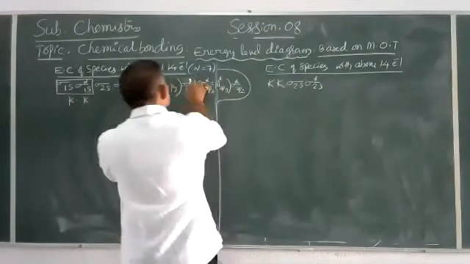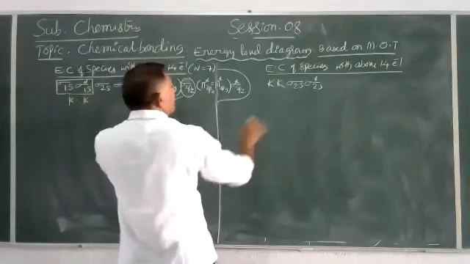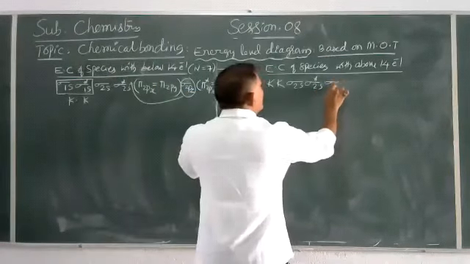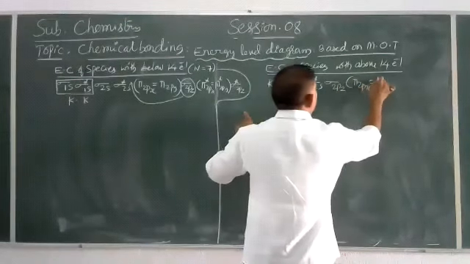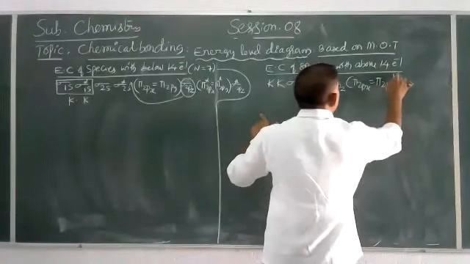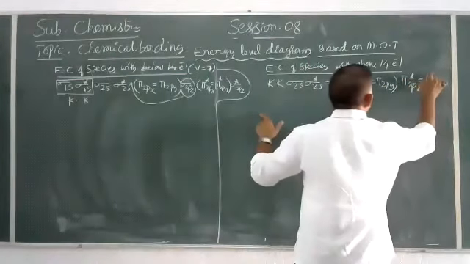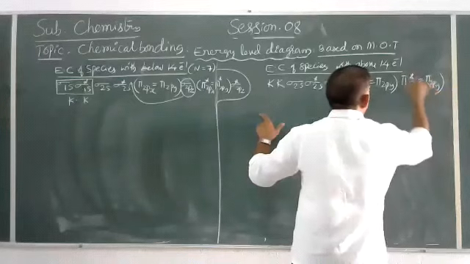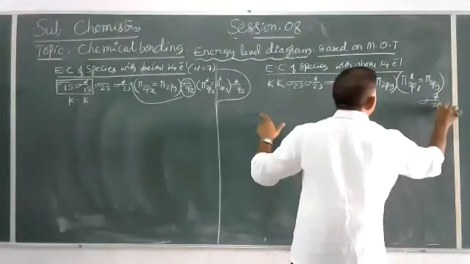The difference here is the 2pz orbital, which we write as sigma 2pz, then pi 2px equal to pi 2py, then pi star 2px equal to pi star 2py, then sigma star 2pz.